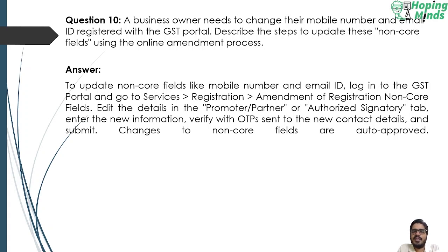Then we have to edit the details in the promoter or partner or authorized signatory tab. Enter the new information, verify with the OTPs sent to the new contact detail and submit. Changes to non-core fields are auto approved by the system. So this is the process to update the email ID and phone number of an existing GST registration.